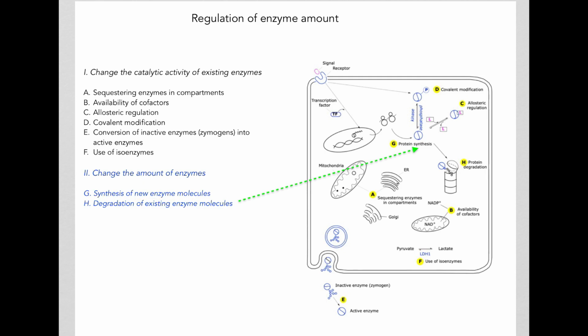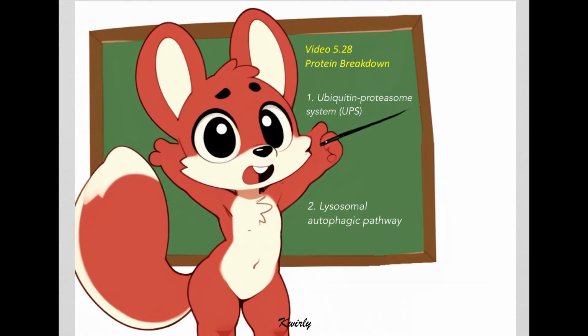Now, the concentration of a given enzyme also depends on the degradation of the enzyme. So not only does it depend on synthesis, but it also depends on how fast the enzyme is degraded. We discussed protein degradation in video 5.28, protein breakdown.